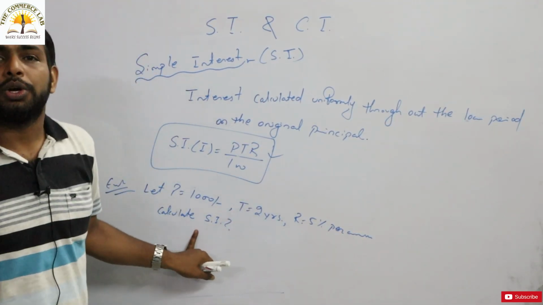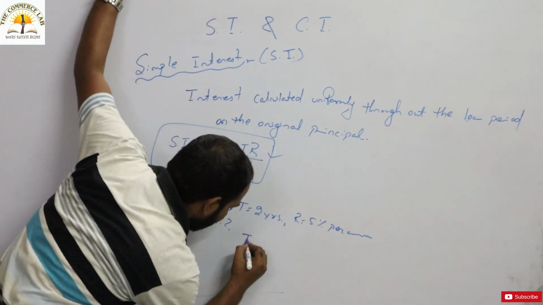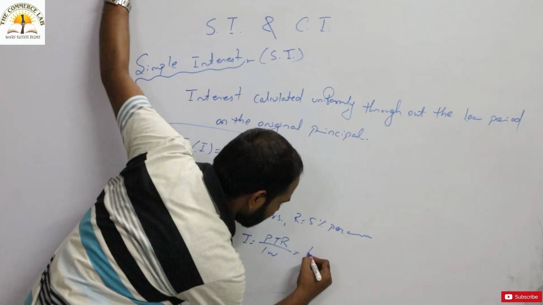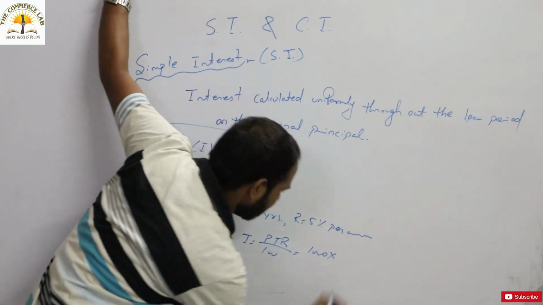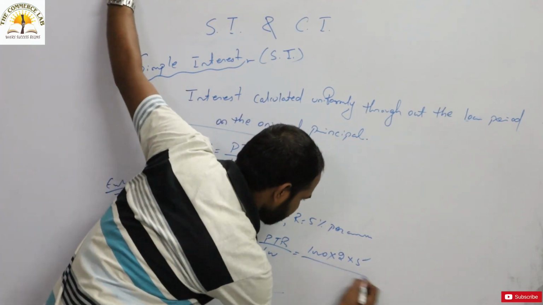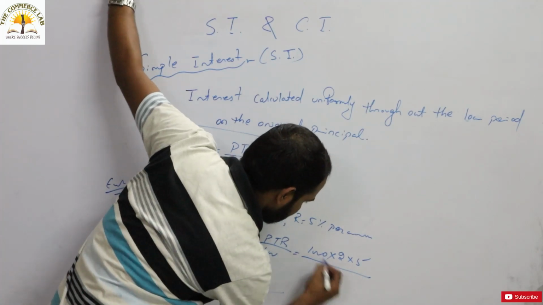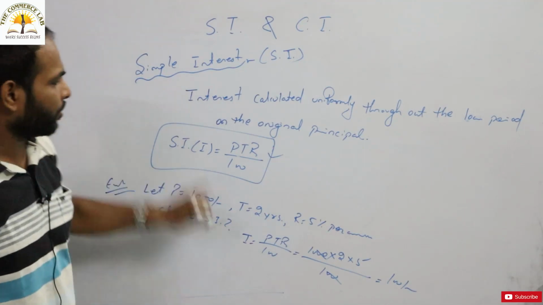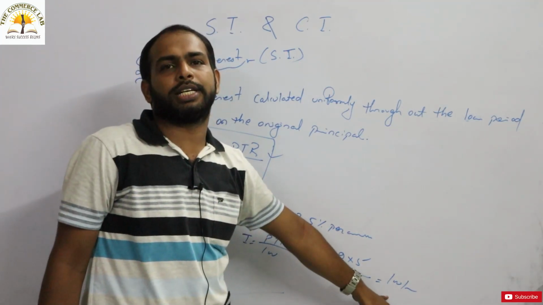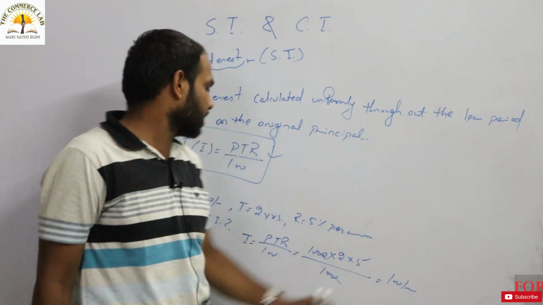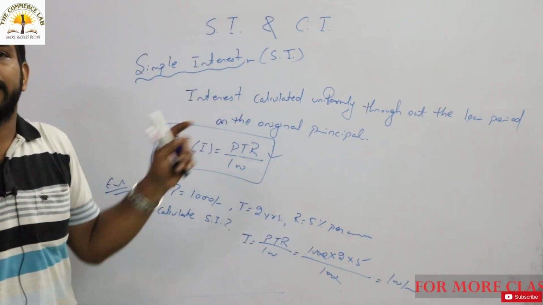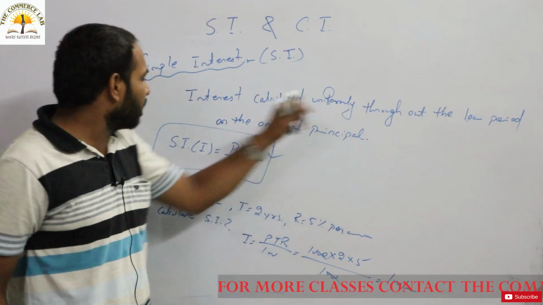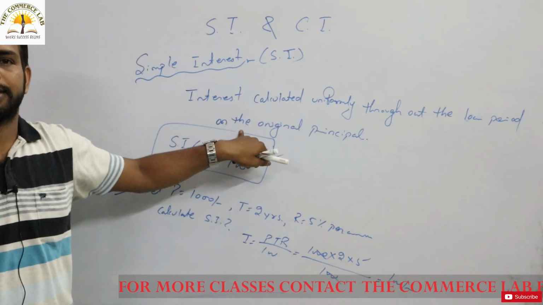Then you have to calculate SI. So what is the formula? I equal to PTR by 100. P is 1000 rupees, T is 2 years, R is 5. Then your I is 100 rupees. This is known as simple interest. Simple interest is the interest calculated uniformly throughout the loan period on the original principal.